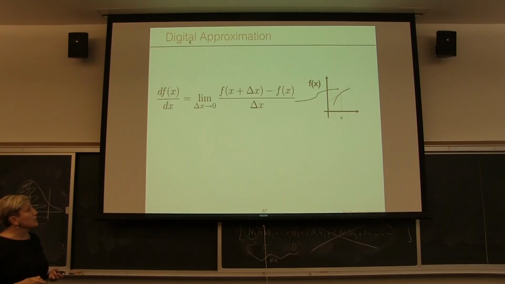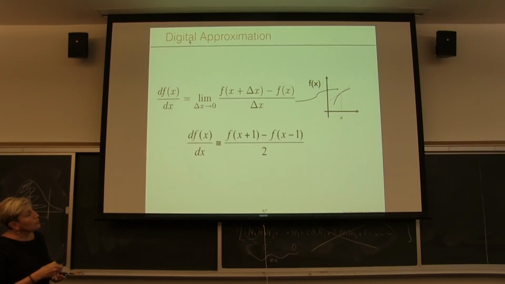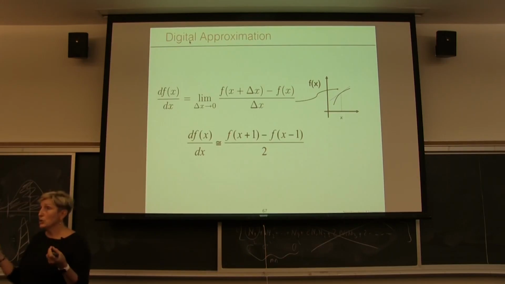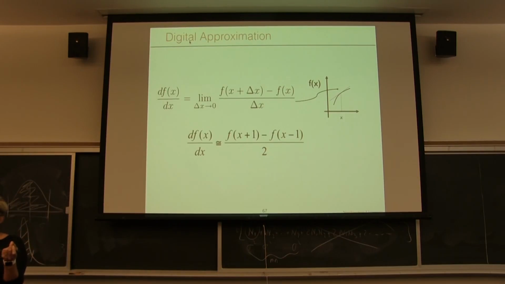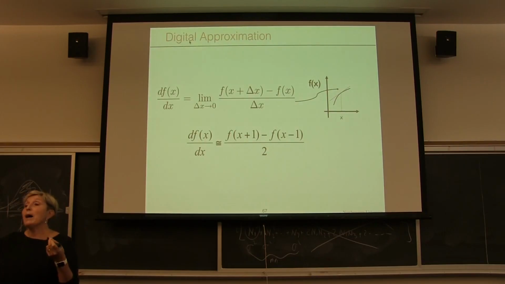Okay? Now, in discrete, what we're going to do is replace the tangent of the curve by a chord. So what we're going to have is the difference of the function at 2 points. And what I'm going to do is, instead of doing f of x plus delta minus f of x, I'm really doing f of x plus delta and f of x minus delta.